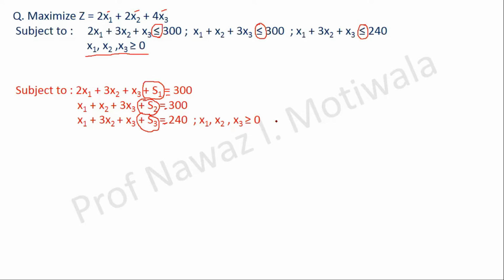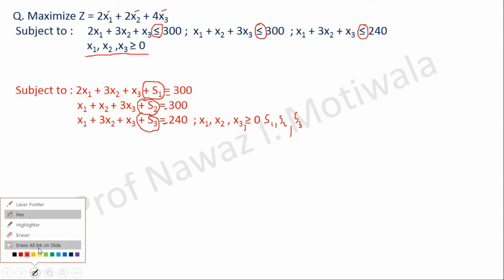So apart from x1, x2, x3, I will also write s1, s2, s3 greater than or equal to 0. All the variables in a particular question should be greater than or equal to 0. So this was missing in the previous part also. In the previous problem you have to write x1, x2, s1, s2 greater than or equal to 0. I have just converted the equations from inequality into equality.